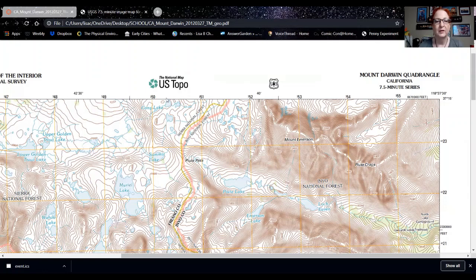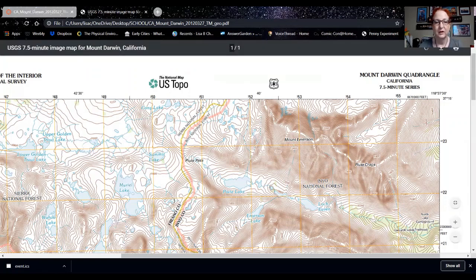If you have something that's about here, you're going to look down this area because these lines are your longitude lines going up and down, measuring your east and west. So if you come down here at about halfway in between, there's Summit Lake, there's Fresno County here, there's Muriel Lake, there's some features in here.